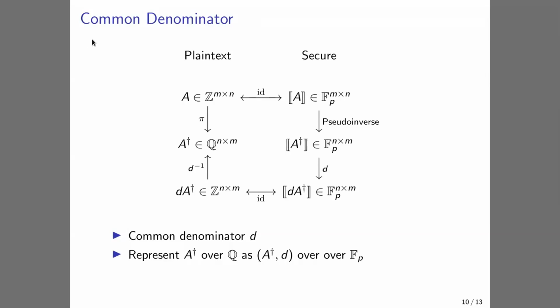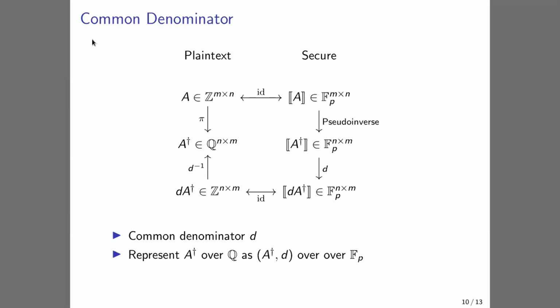Let's say on the left we have the plain text world and linear algebra, so that as you can practice it in plain text. And on the right we have our secure world with the things we want to do. At the top left there is the input matrix A over the integers, and you would like to compute the pseudo-inverse over the rational numbers then.